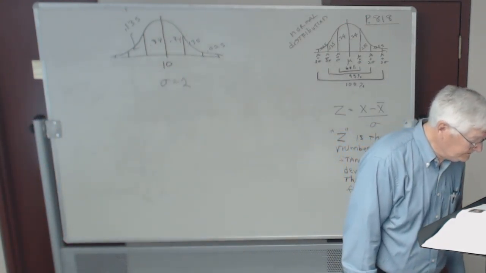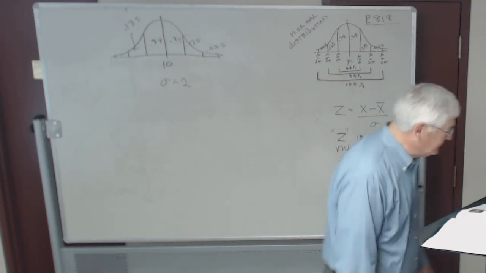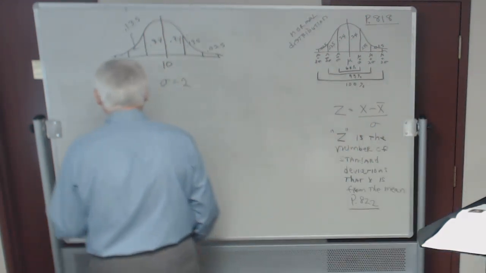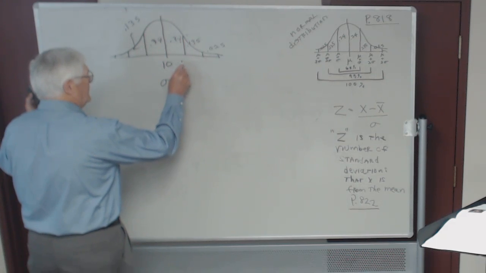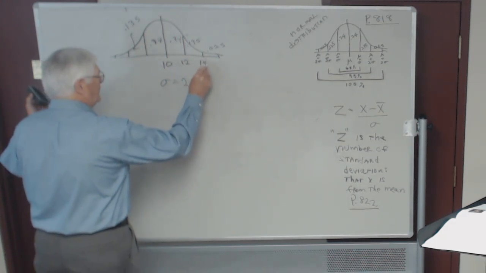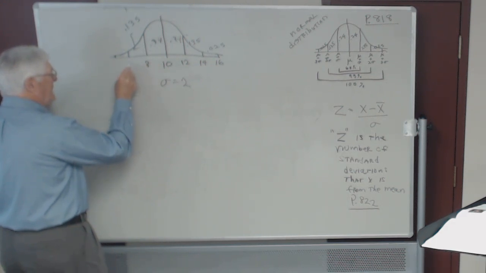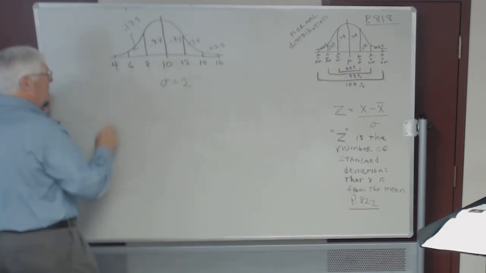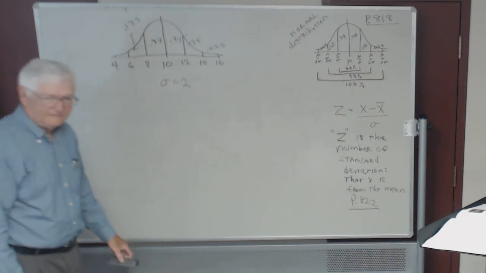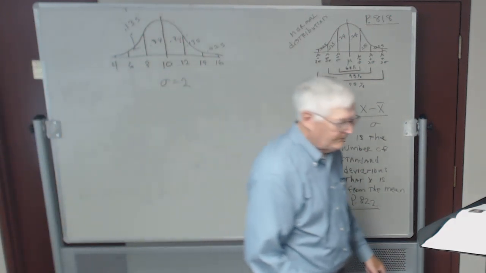Is that what they said? Mm-hmm. So let's fill in the chart. So what number goes here? 12, 14, 16. What goes here? 8, 6, and 4. Everybody agree? Yes.